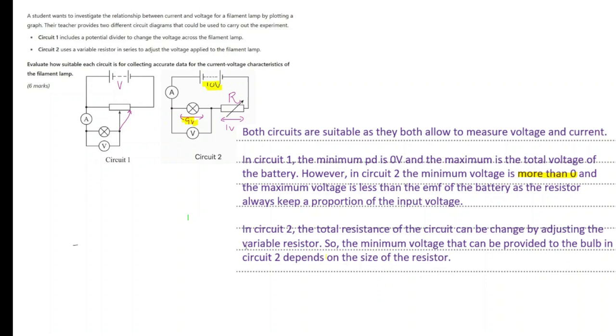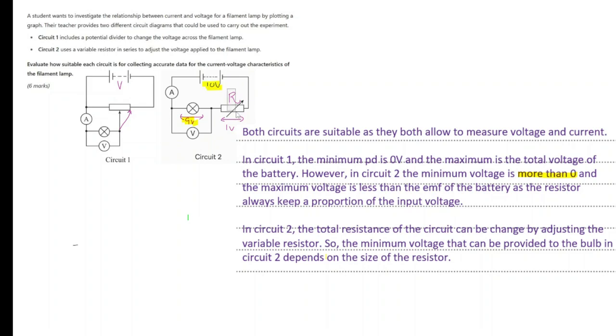In circuit 2, the total resistance of the circuit can be changed by adjusting the variable resistor. So the minimum voltage that can be provided to the bulb in circuit 2 depends on the size of the resistor. That's connected to the previous point.